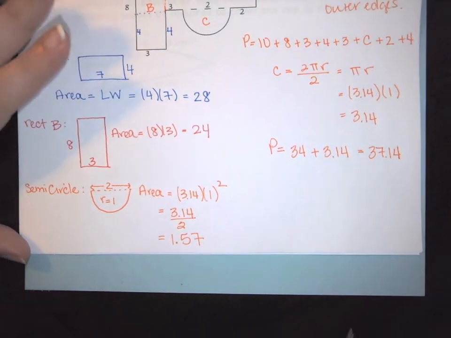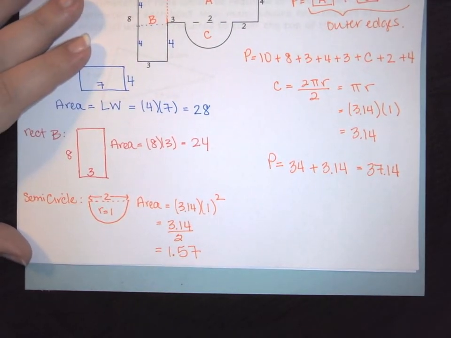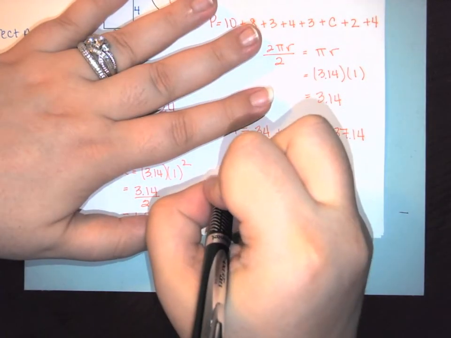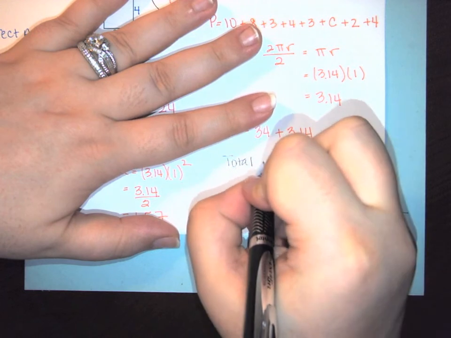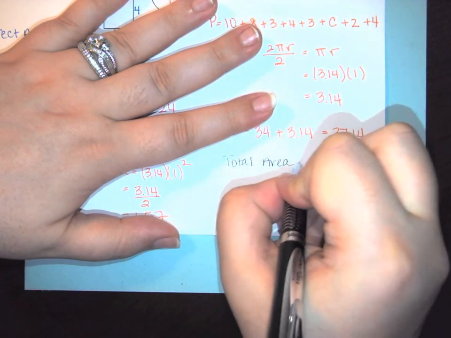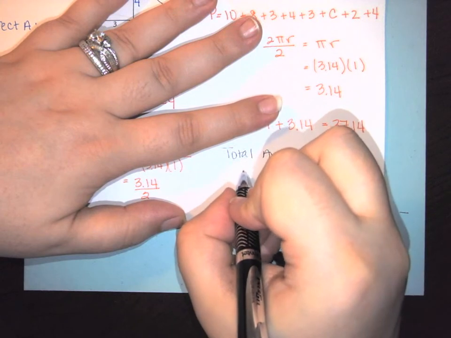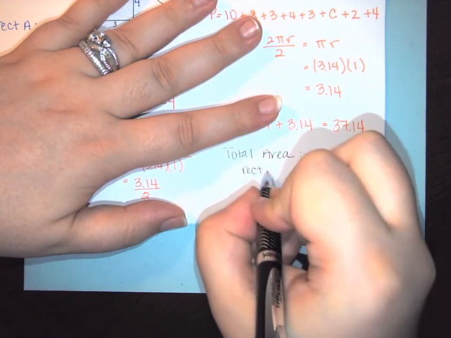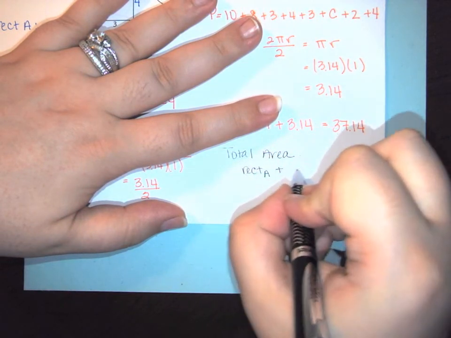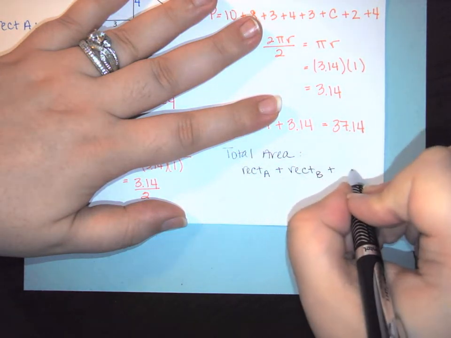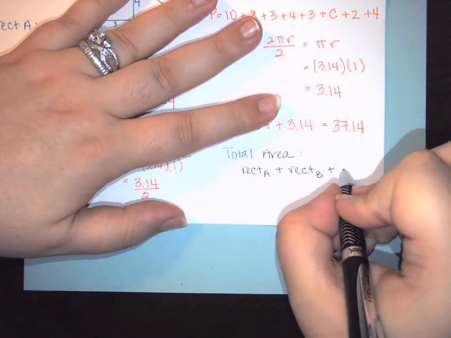Okay. So what I have to do here is find my total area. So your total area is going to be where we add up all the areas. So we have rectangle A plus your rectangle B plus your half circle.